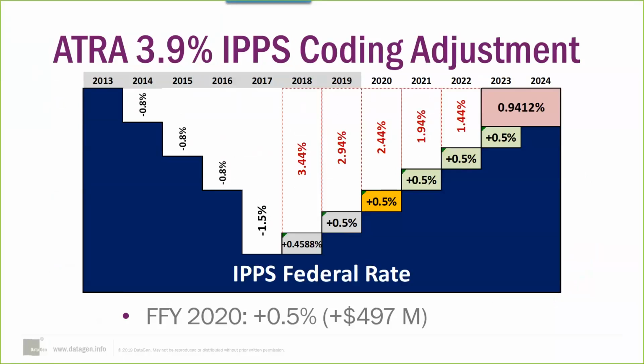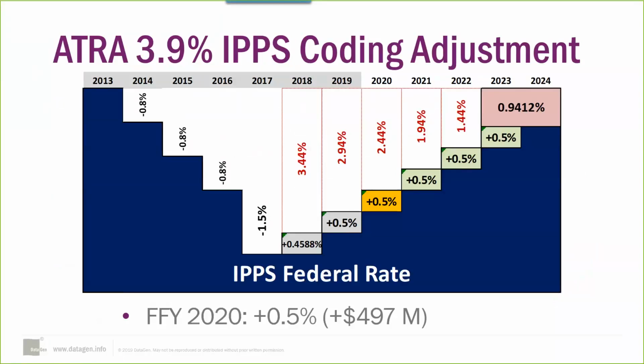It was at 0.8% per year from 2014 to 2016. It was expected to continue to be 0.8% for 2017. However, CMS threw a curveball and increased it to a 1.5% reduction for that year.